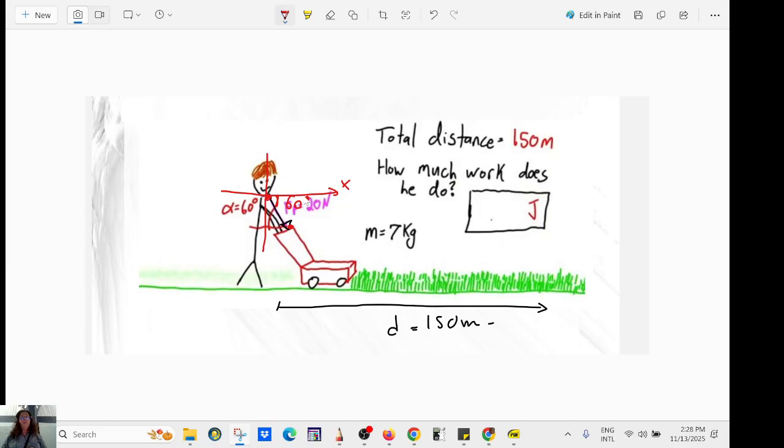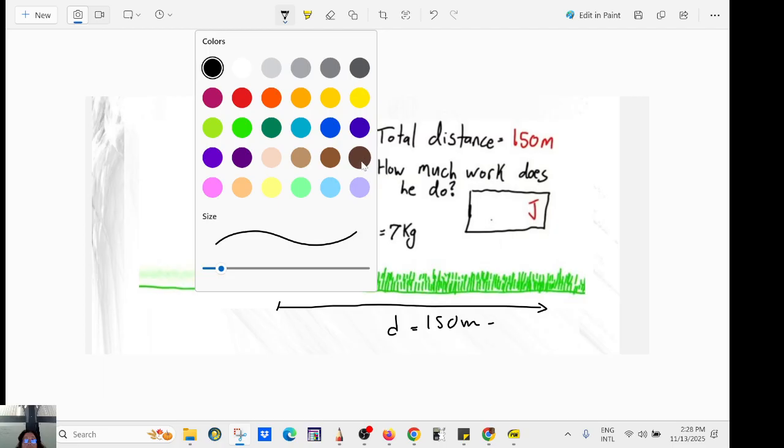You want the component here along the x. Okay, I don't know, maybe I should have this color here. This is your vector here. This is a vector. And this is your 60 degrees. So the vector has two components.